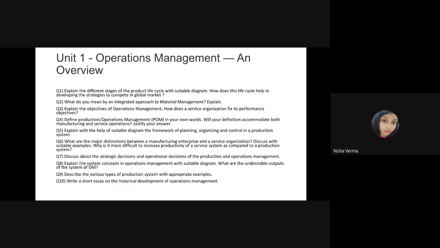The main objective of material management is to reduce the cost that occurs while buying, storing, handling, transporting, and packaging materials. In addition, I will tell you a few objectives.